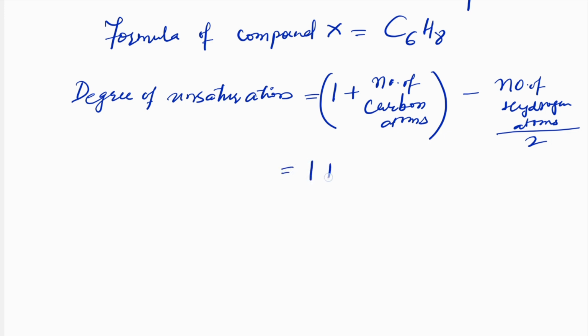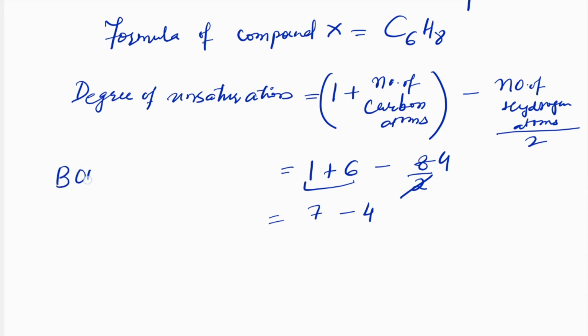So 1 plus number of carbon atoms, which were 6, minus number of hydrogen atoms, which were 8, divided by 2. According to BODMAS, we have to divide first, then addition and subtraction. So this becomes 7 minus 4.